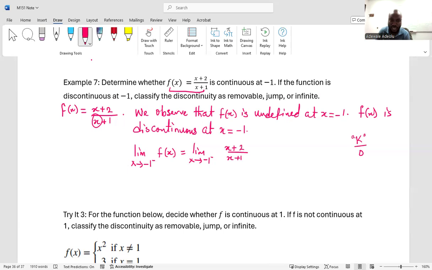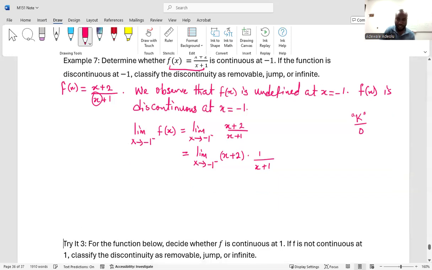So to do that, we have limit as x goes to -1 from the left of, I can say this is x plus 2 times 1 over x plus 1. I can write it that way. I hope you remember that part. If not, please revisit lesson 3.